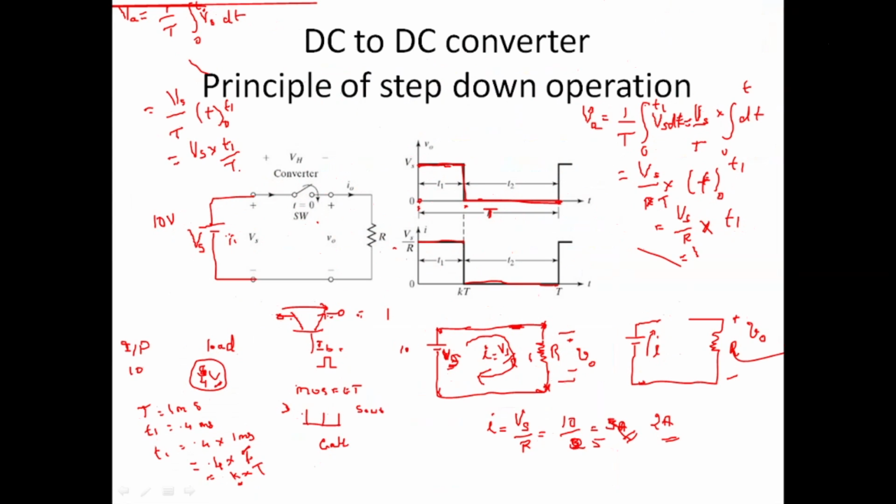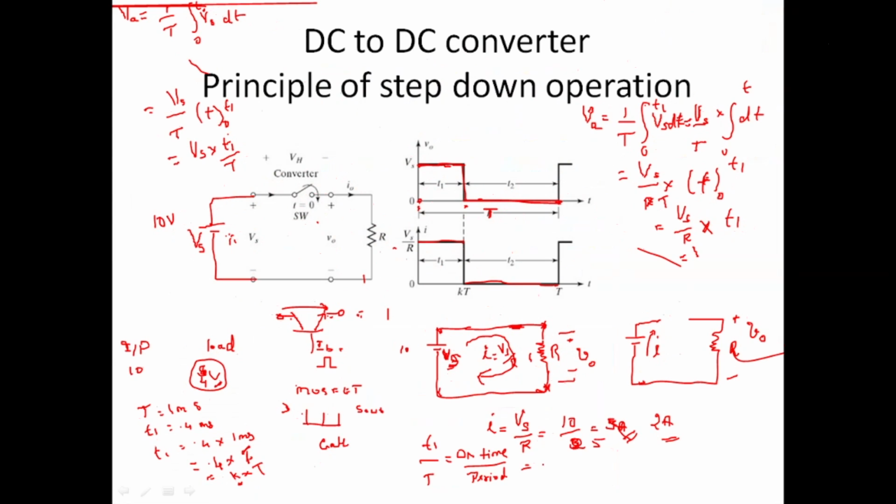What is T1 by T? T1 is on time, correct? On time divided by total time. This is on time, this is total time. So T1 by T is nothing but on time divided by total time or period.